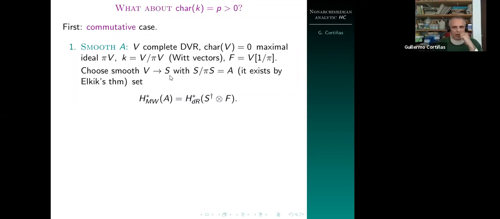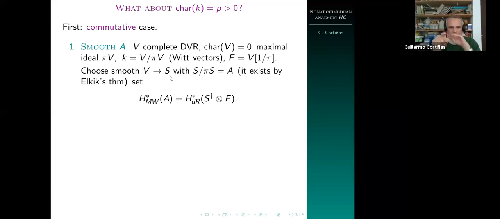And then we take the so-called Monsky-Washnitzer cohomology of A, which is obtained by taking the de Rham cohomology, in the sense of the commutative de Rham complex, of a certain completion of the algebra S tensor with F. So once you tensor with F, you are safe, because you have a field that contains Q. So you're safe from certain problems that prevent you from having a homotopy invariant homology theory, by the fact that you can divide by natural numbers.